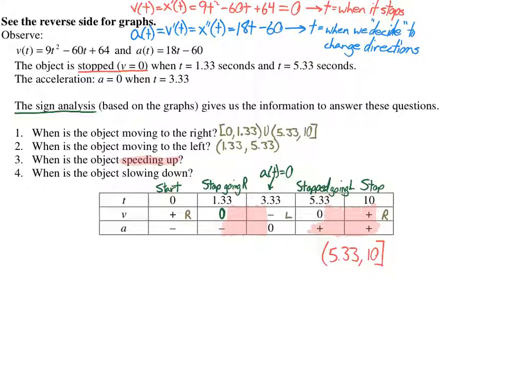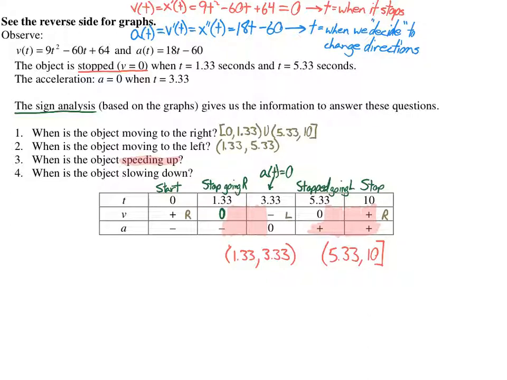Notice between 1.33 and 3.33, the acceleration is negative and the direction is negative. That's going to make us speed up. So again, you've got to see the intervals. Even though we have boxes in this little table, you've got to see the intervals.